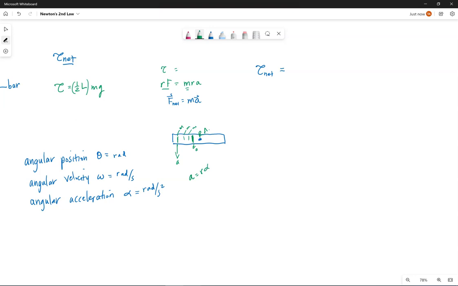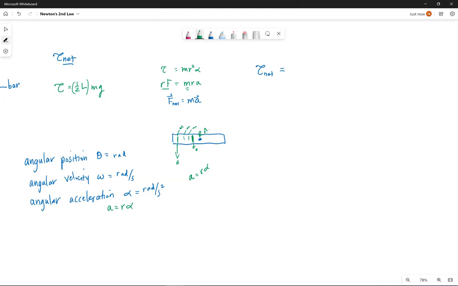But we also have a relationship to relate this translational acceleration to angular acceleration. So if I put that in over here, I end up with R squared times alpha.